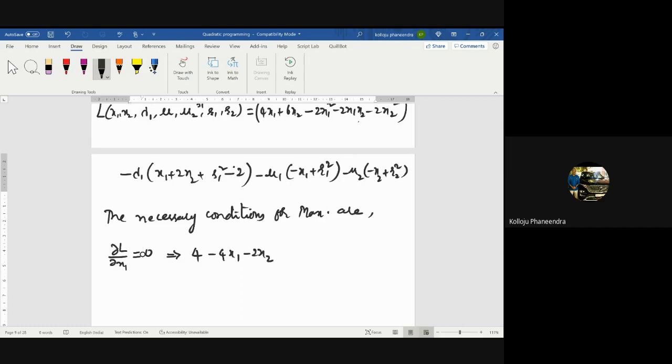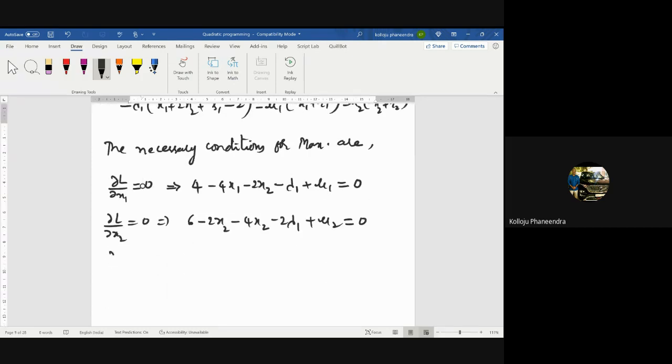Next, minus lambda 1, and next plus mu1 equal to 0. Next one is dou L by dou x2 equal to 0, which means 6 minus 2x1 minus 4x2, then minus 2 lambda 1 plus mu2 will be there. Okay, this is also over.